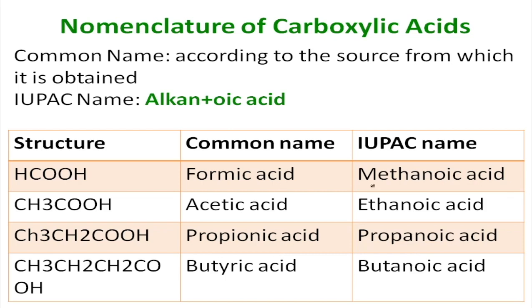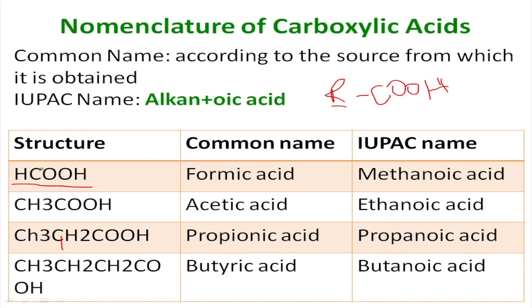Number 1, HCOOH. A carboxylic acid is RCOOH. When R is replaced by hydrogen you get HCOOH, which is formic acid by common name.